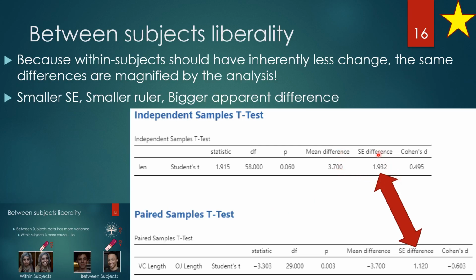You see here, the standard error is a little bit bigger in the independent samples t-test, and because it's a little bit bigger, even though the mean difference is the same, you actually have a slightly less significant result here compared to over here. So in this case, the paired samples t-test is significant, whereas the independent samples t-test is not. Even though the data is actually exactly the same, you know it's exactly the same because the mean differences are the same.